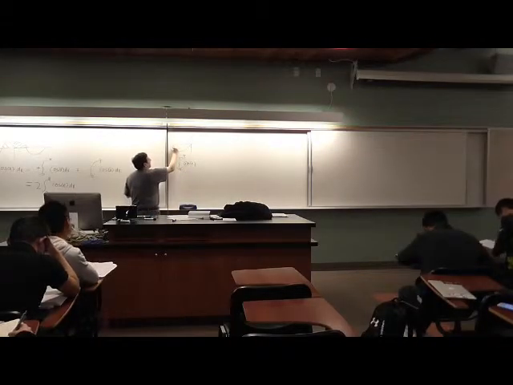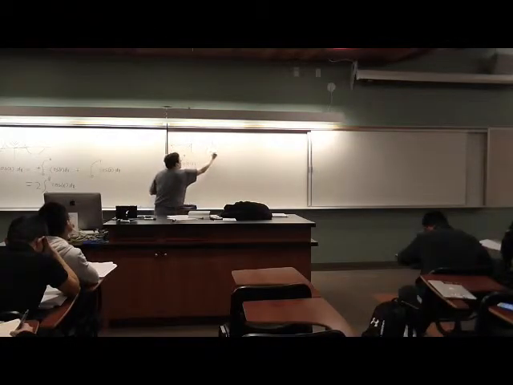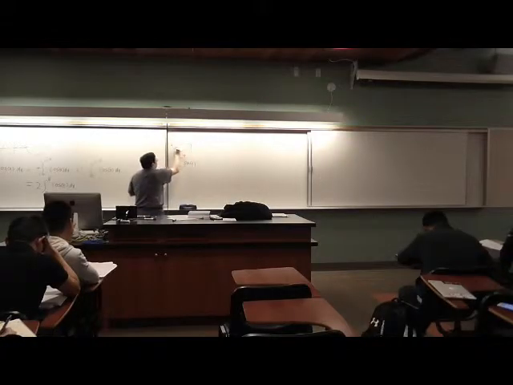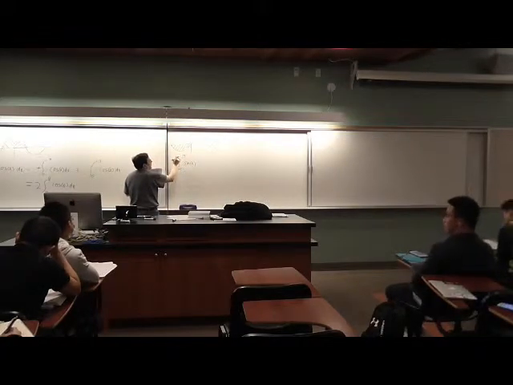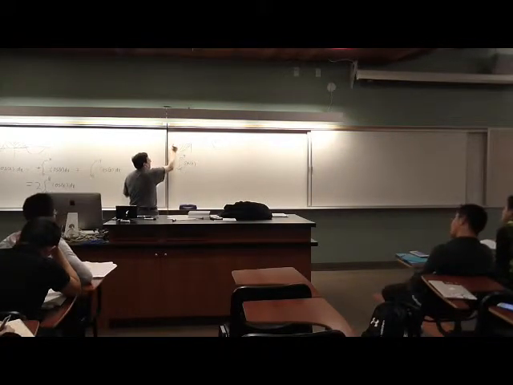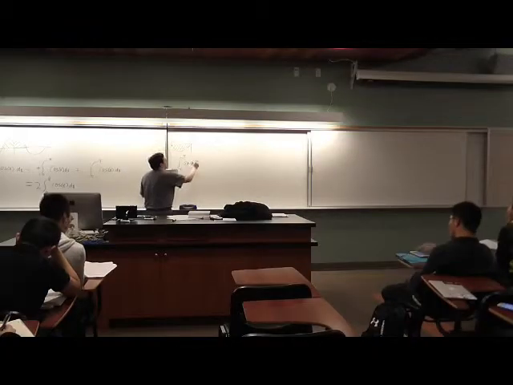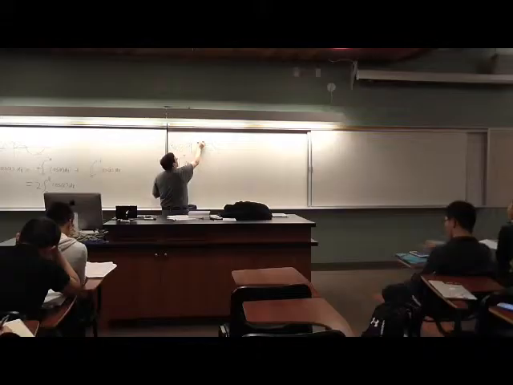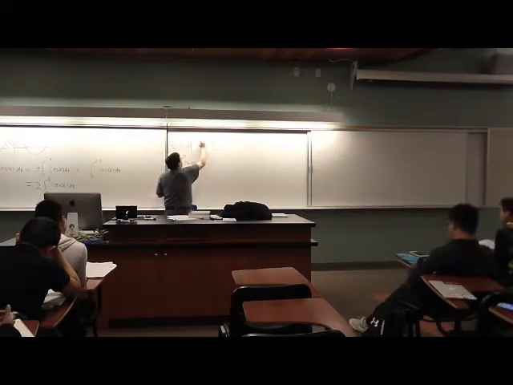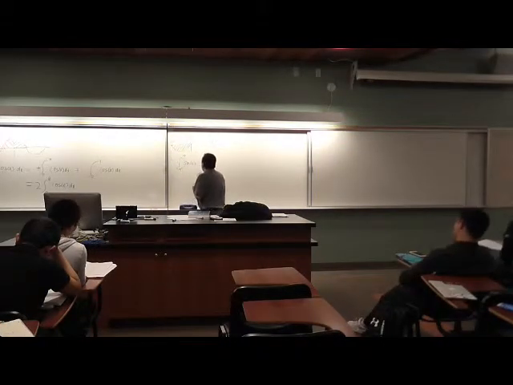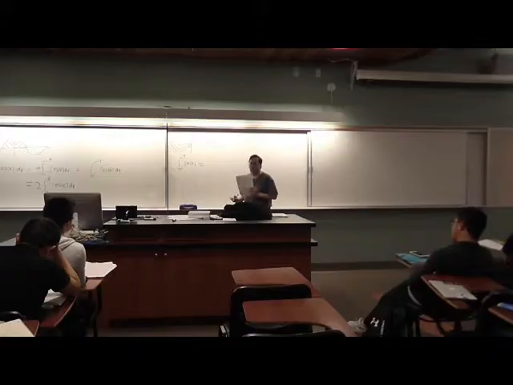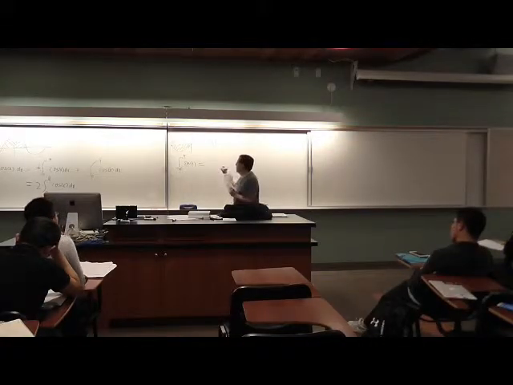Now, here's my minus pi. I have some negative area under the curve from negative pi to 0, which is just the opposite of the area above the line from 0 to pi. So what must this be equal to? 0.